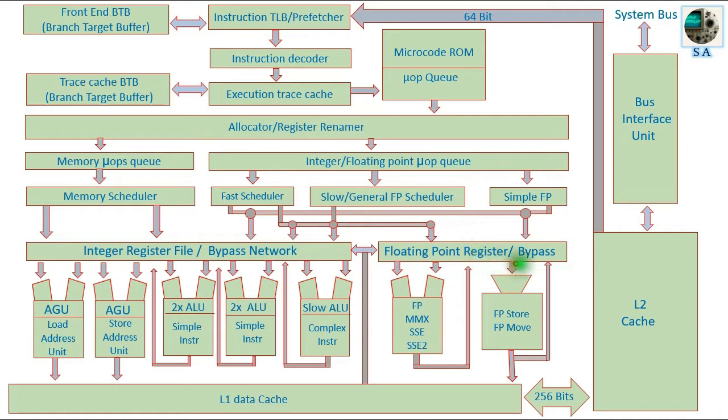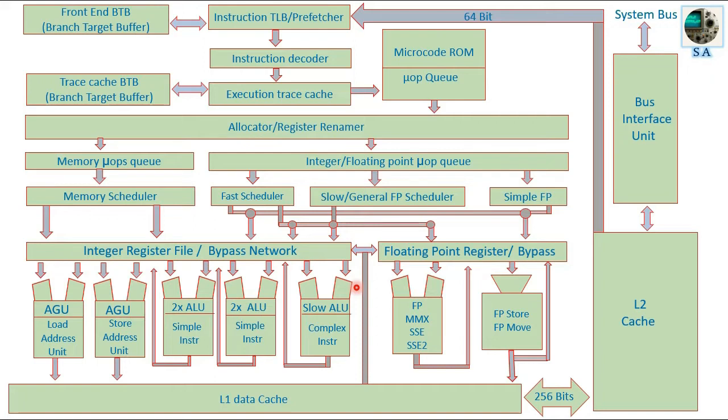In this area, we have the heart of the CPU, which is the execution unit, where the actual work is performed, and here the instructions are actually executed to obtain the final computational results.